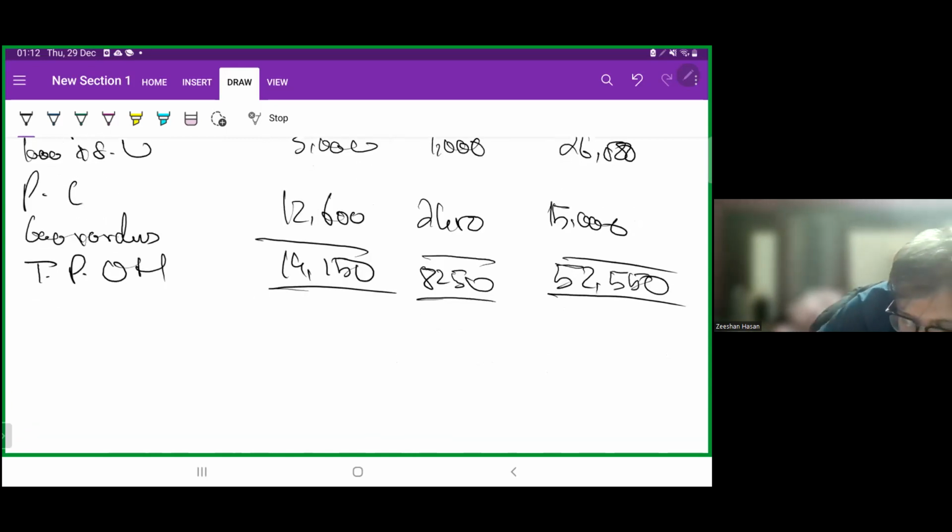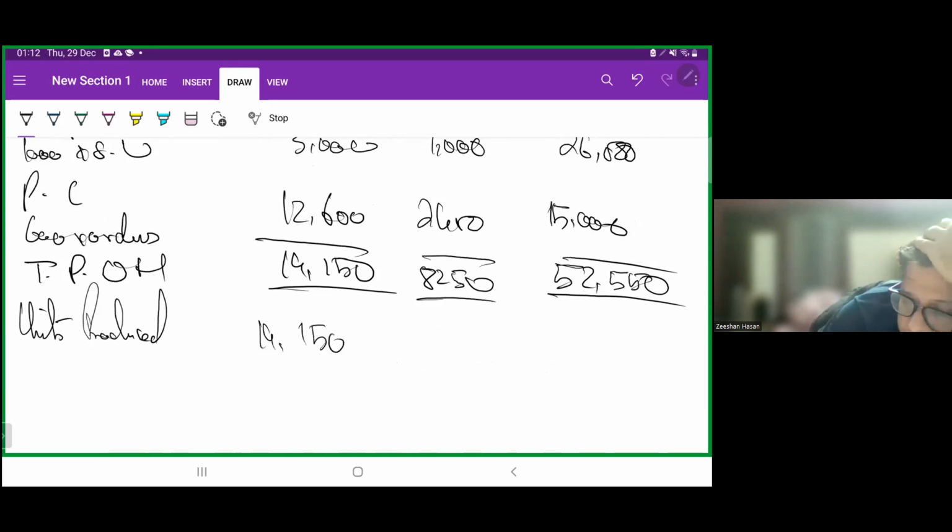Units produced: 500,000, 150,000, and 250,000.